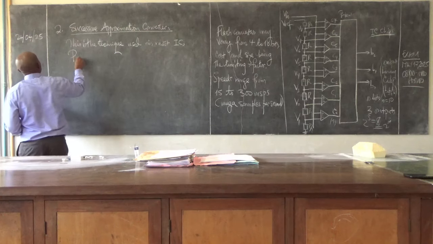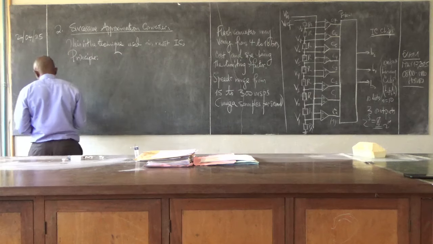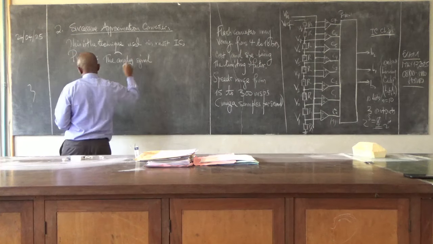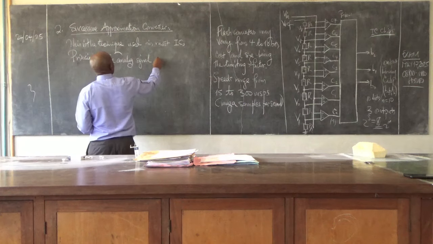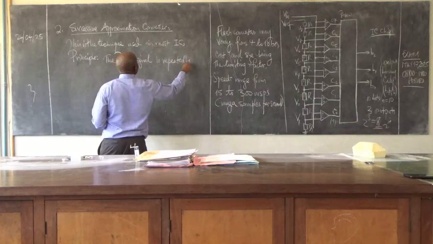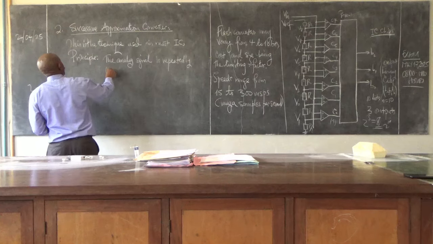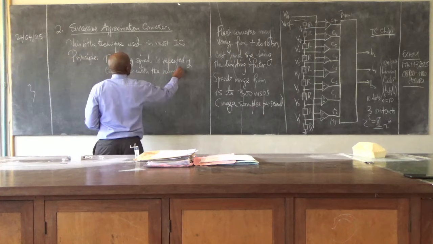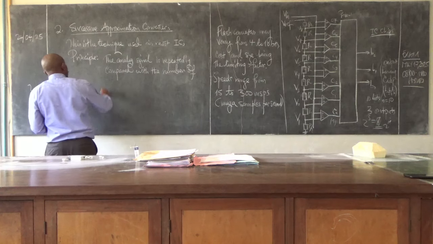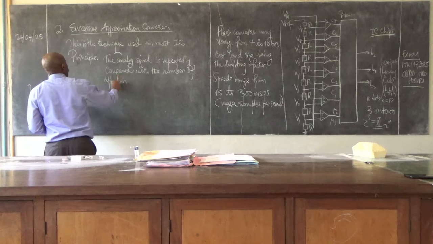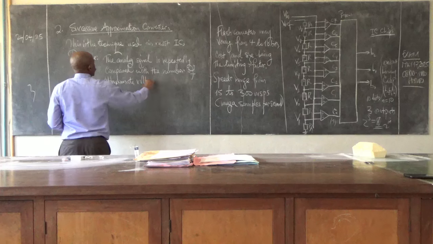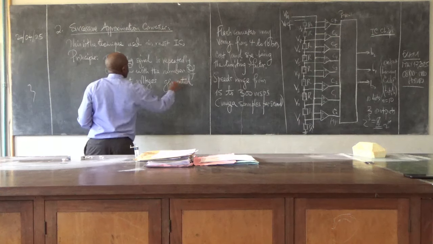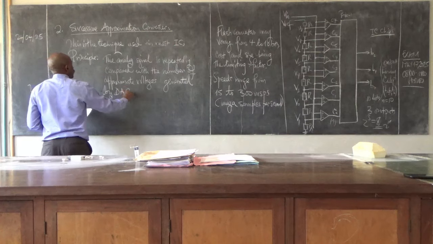The principle is that the analog signal is repeatedly compared with a number of approximate voltages generated by the digital to analog converter.